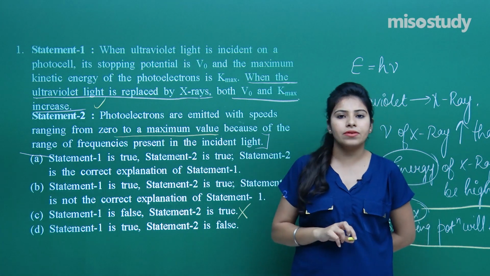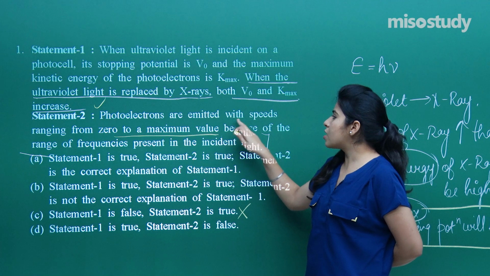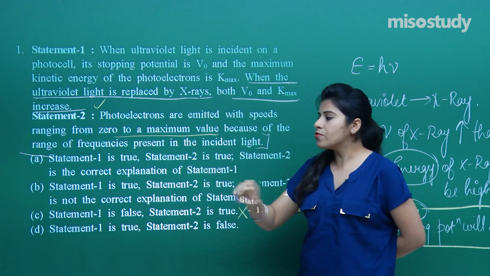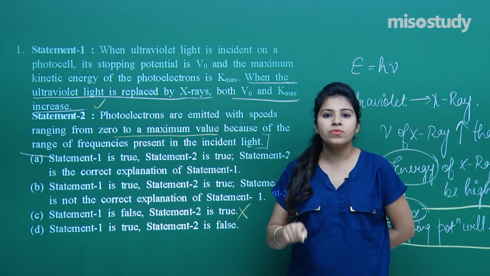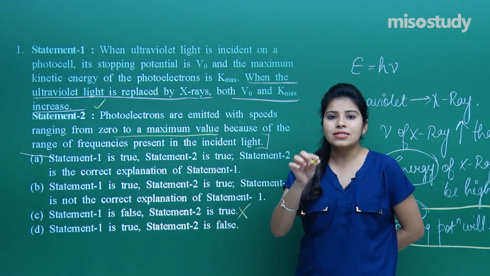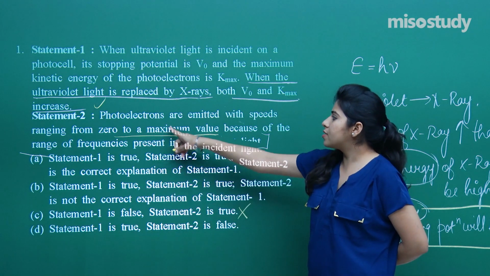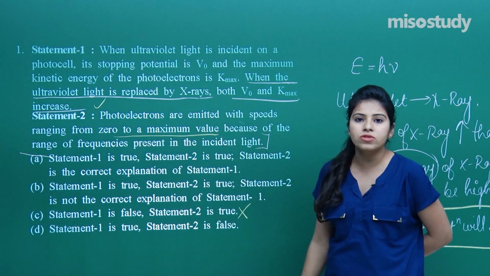This is not the correct reason, because we know that the photoelectrons are emitted ranging from 0 to a maximum value because of collisions. At the time of collision, they lose their energy.